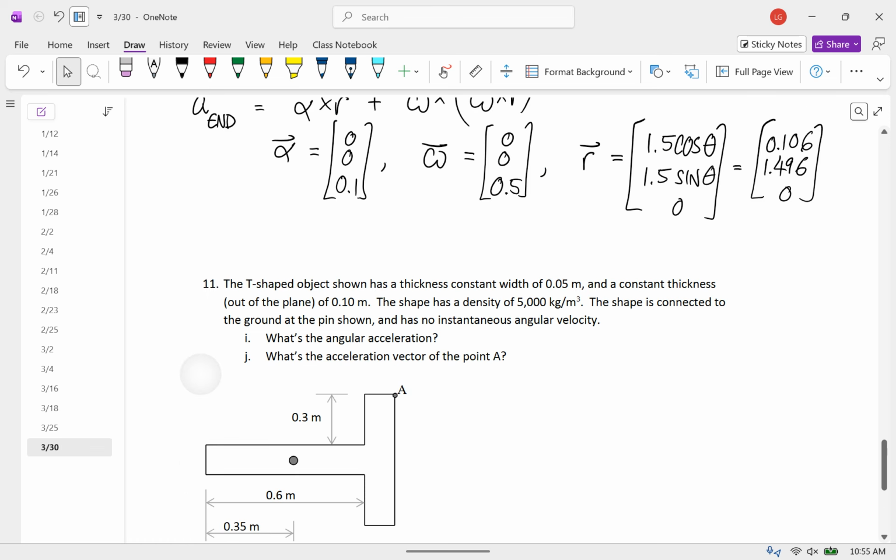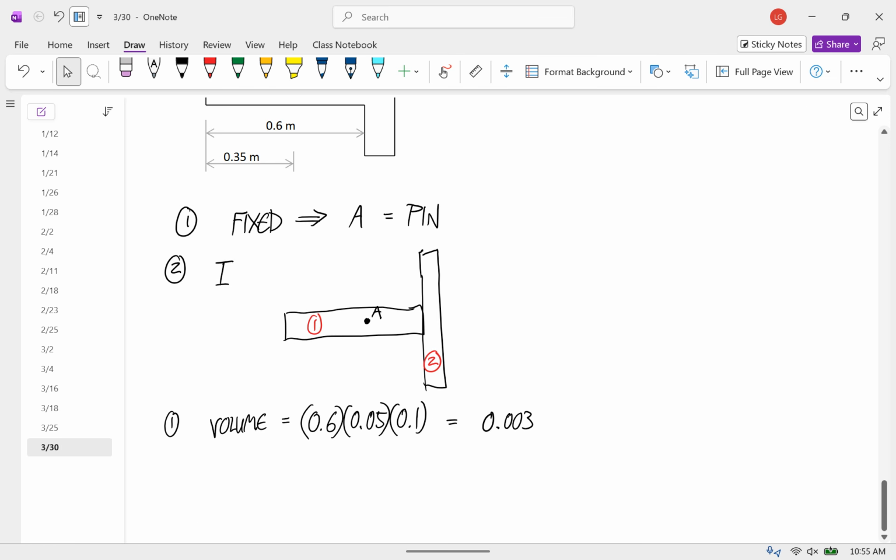And then the density is 5,000 kilograms per cubic meter. So the mass is the volume times the density. So that's 0.003 times 5,000, and I think that's just 15, right?